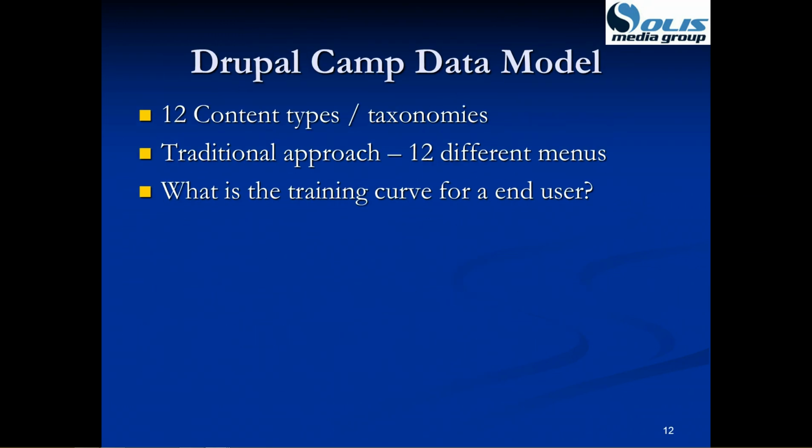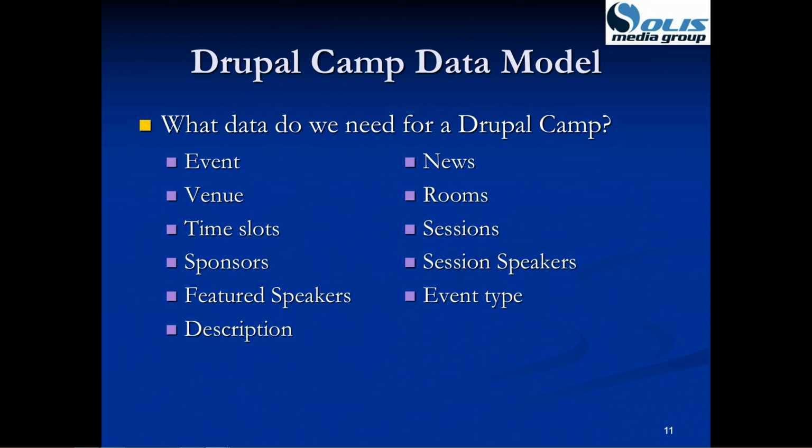Traditionally, we've created nodes. Here are our content types. We have events, venue, time slots, sponsors, all this stuff to put on a Drupal Camp. And they're all independent content types, and you come off the main menu and you access each one of those. Well, think if you've got a new person who's working.